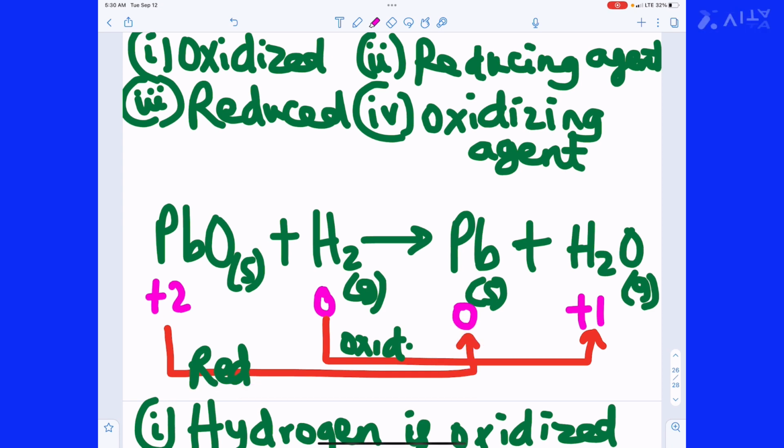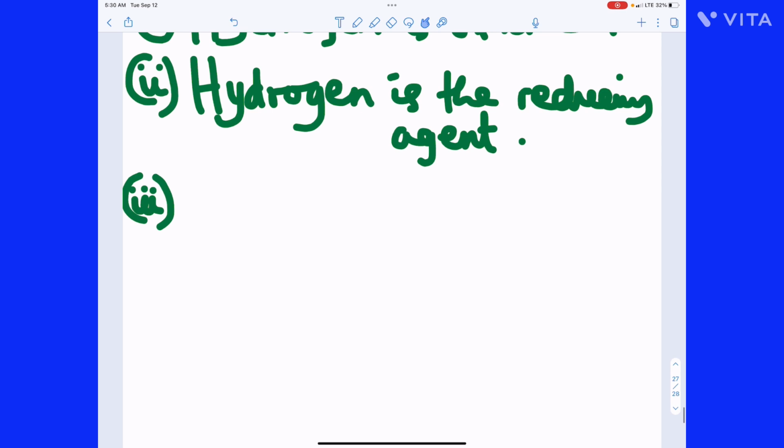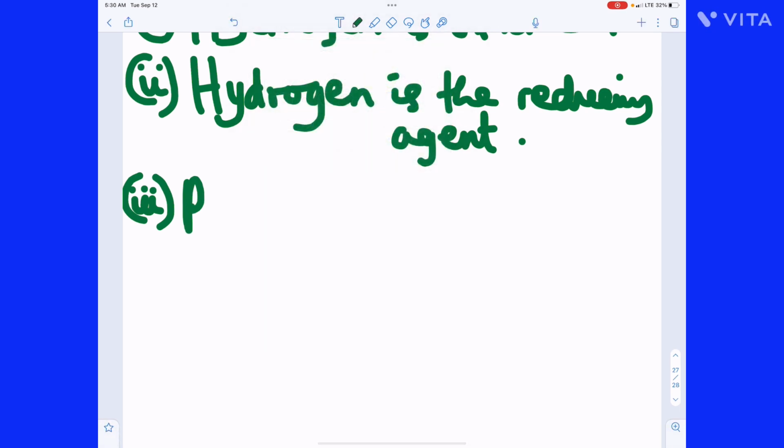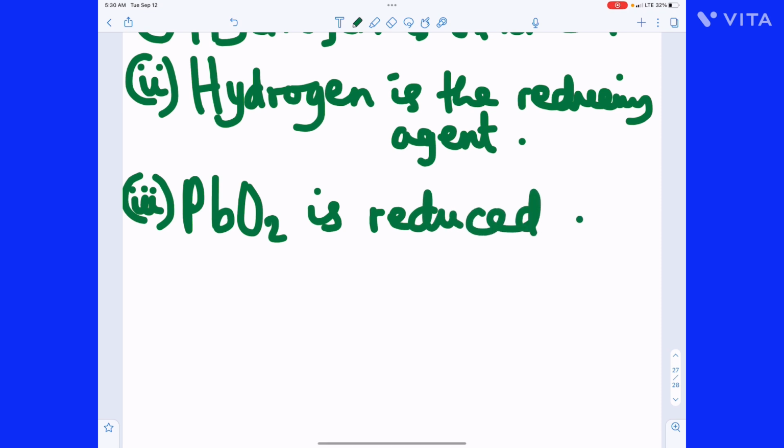A decrease in oxidation number is a reduction. That means lead oxide was reduced. You will not say lead was reduced. Lead oxide, the substance in which that lead is present, is the substance reduced.